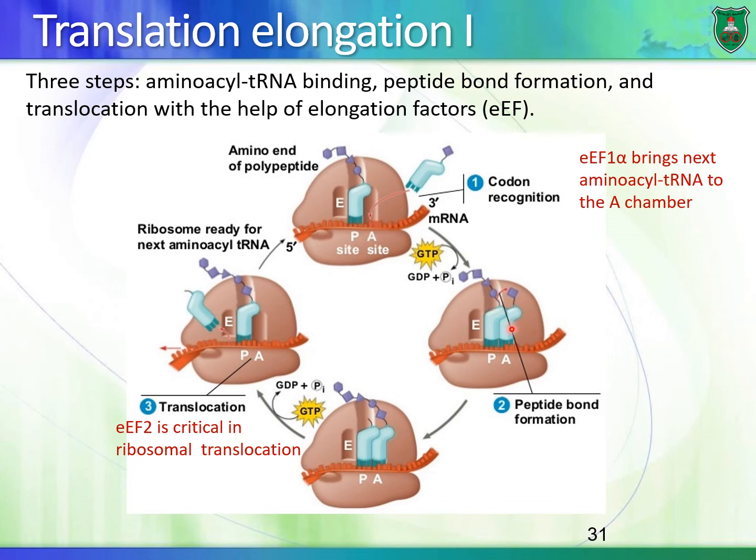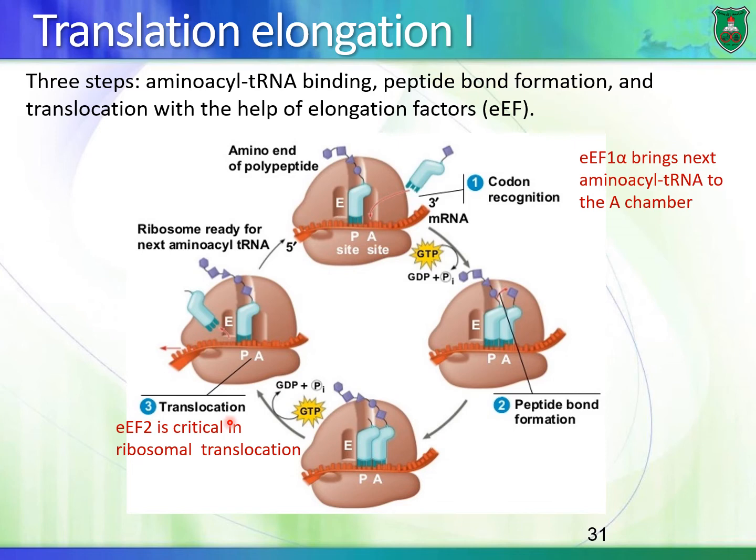Now what happens then is the peptide bond formation. Now that these two amino acids are close to each other, you have formation of a peptide bond. So it's almost like this peptide jumps over this amino acid. Now the tRNA carries this peptide right here, and the tRNA that is sitting in the P chamber is now empty.